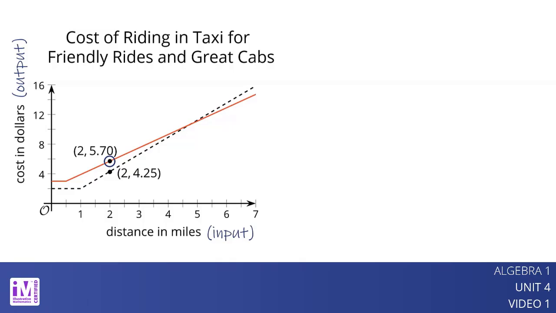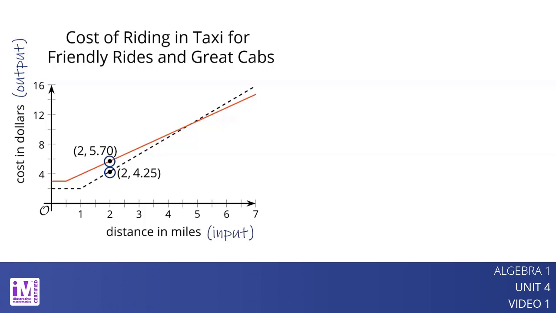The point (2, 5.70) on one graph tells us the cost of riding a Friendly Rides taxi for 2 miles. The point (2, 4.25) on the other graph tells us the cost of riding a Great Cabs taxi for 2 miles.